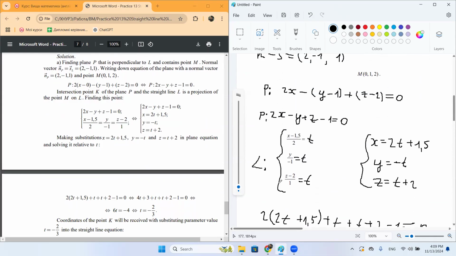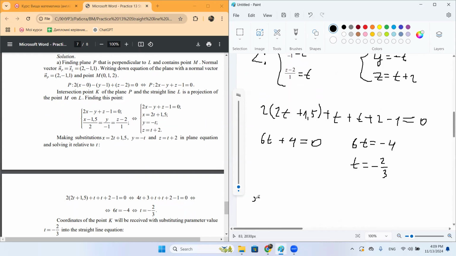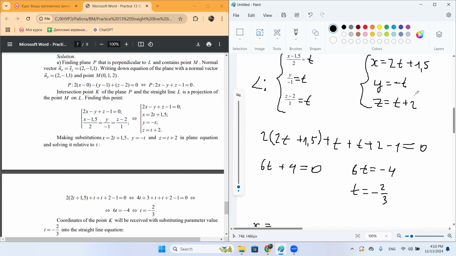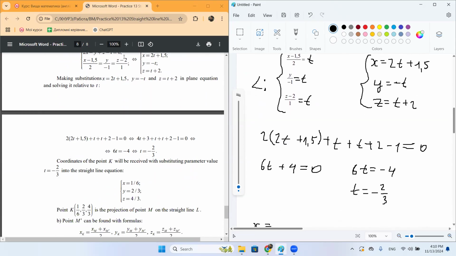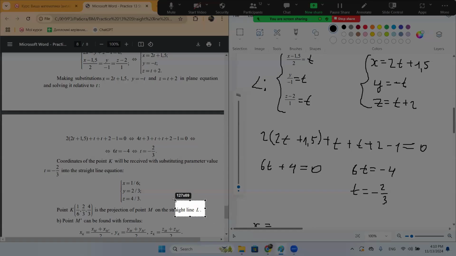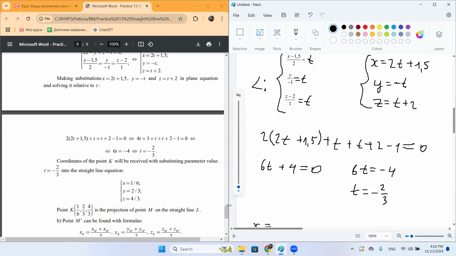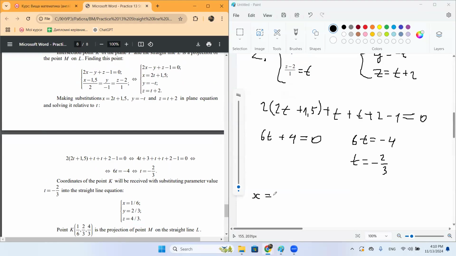And now we need to find, so substituting, x equals minus 4 thirds plus 3 halves. We could avoid wasting our time calculating fractions, but we have enough time, so let's do it.